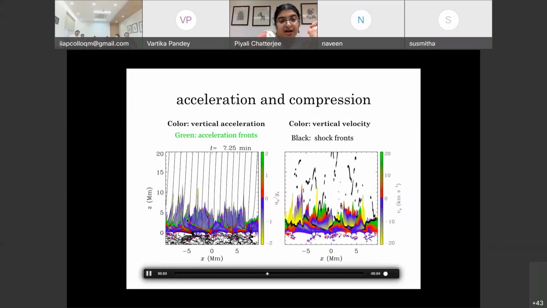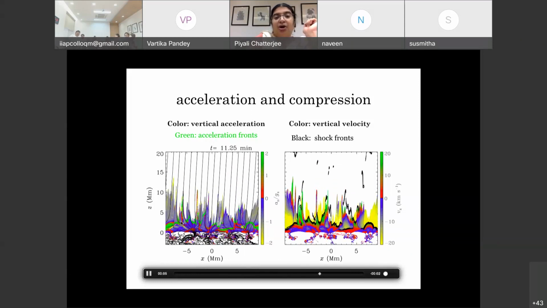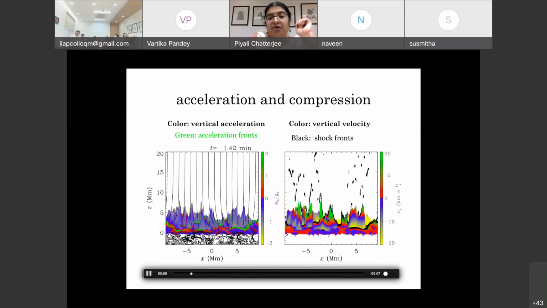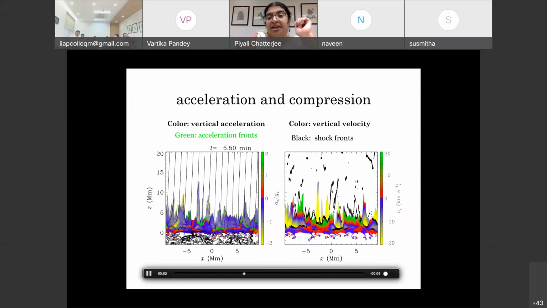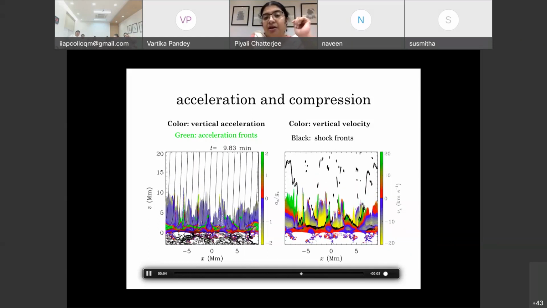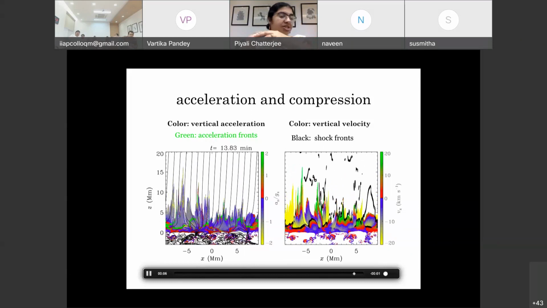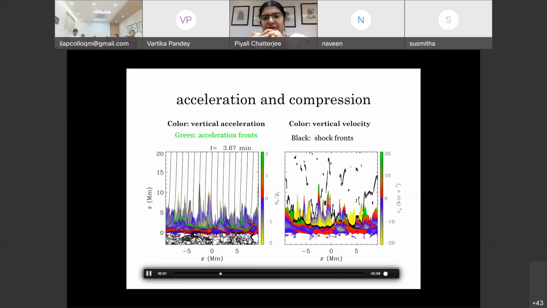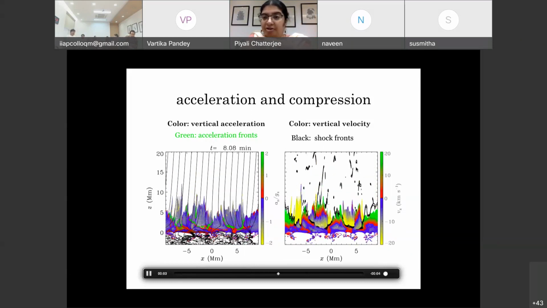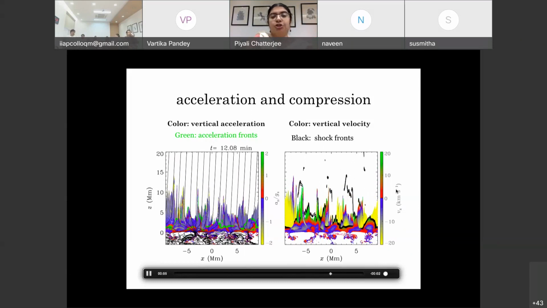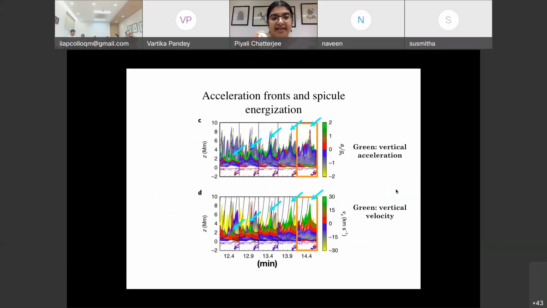And here you see these sharp green fronts, which we call acceleration fronts, and they spatially correlate very well with regions of compression. So these might as well be shock fronts.